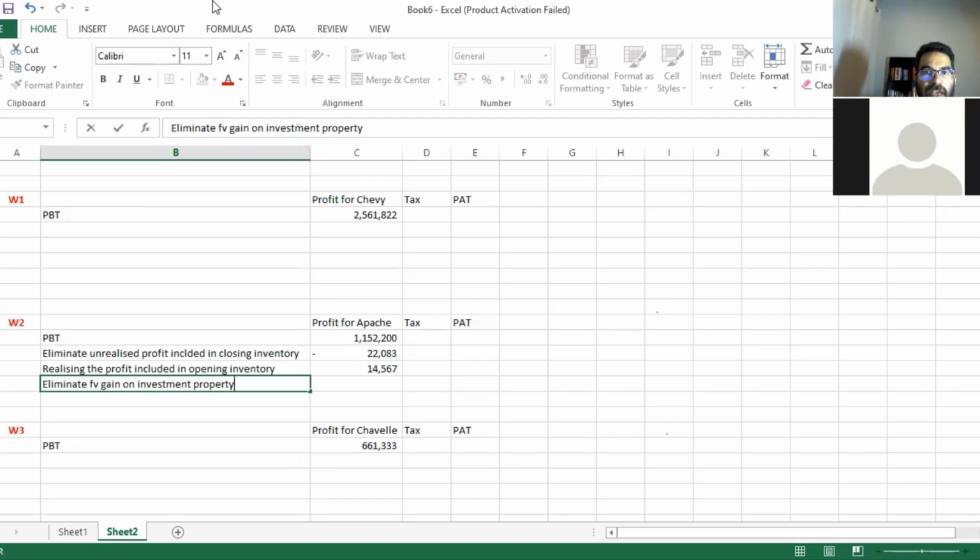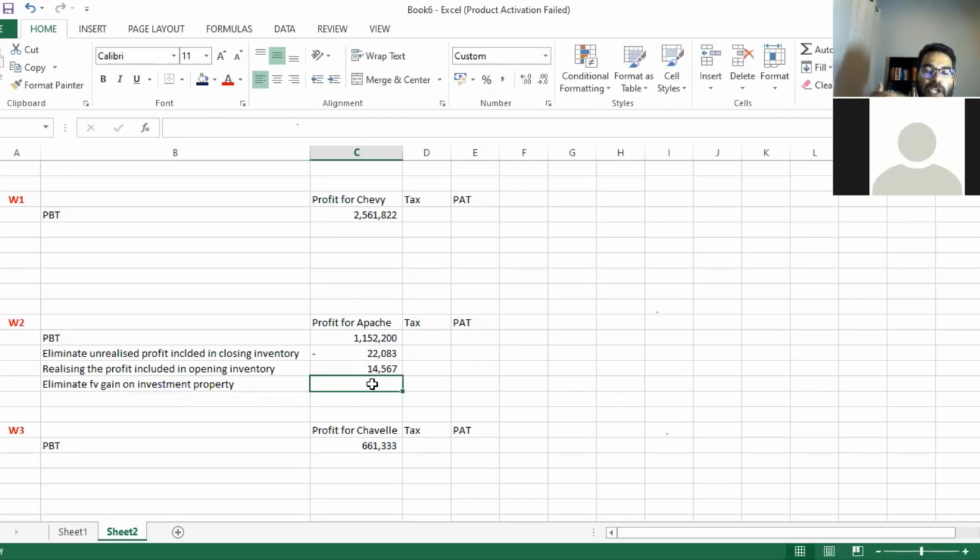Because from a group perspective, we do not have investment property. As a result, any transactions relating to that investment property need to be eliminated. So therefore, we're going to say minus 100,000 Rand. The fair value gain was 100,000 Rand, so we eliminate 100,000 Rand. So that deals with bullet point number 3.